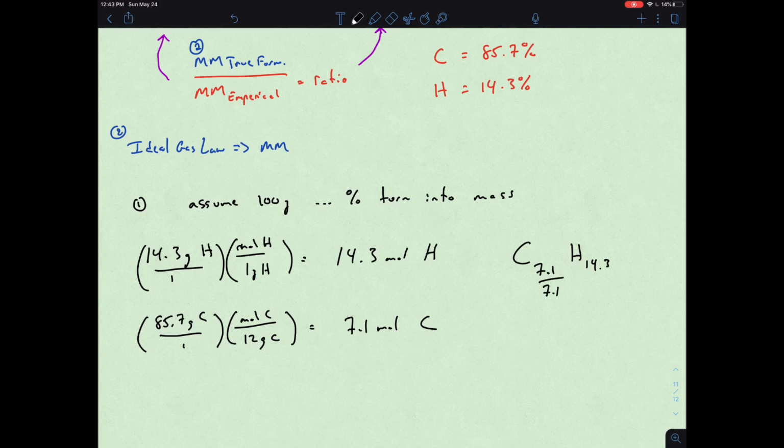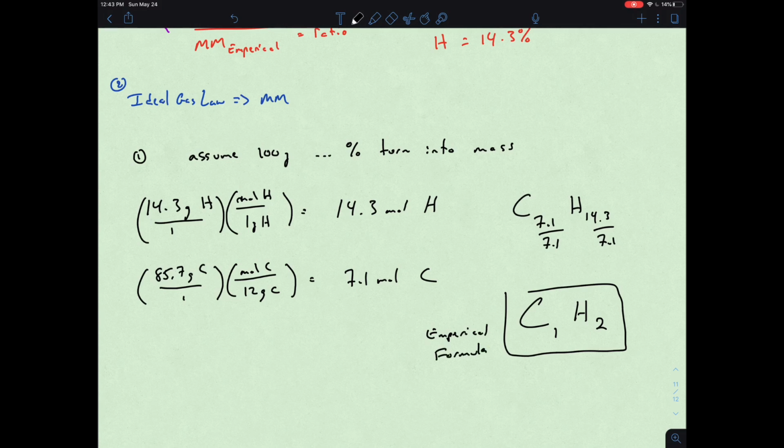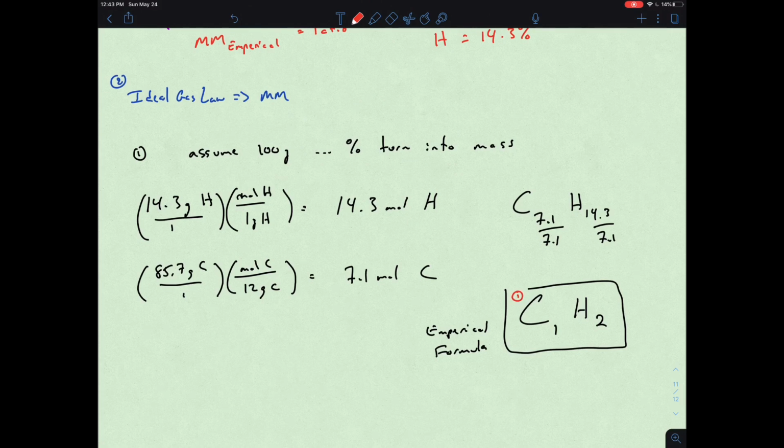We divide by our 7.1 value, and roughly we get C1, H2. Now that is our empirical formula.